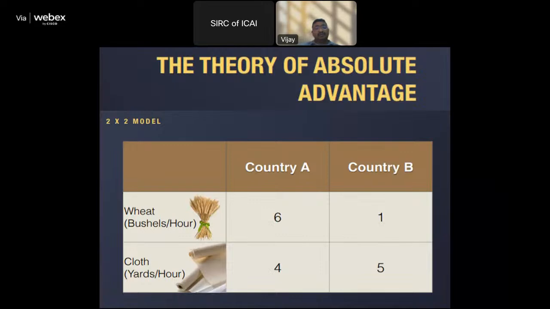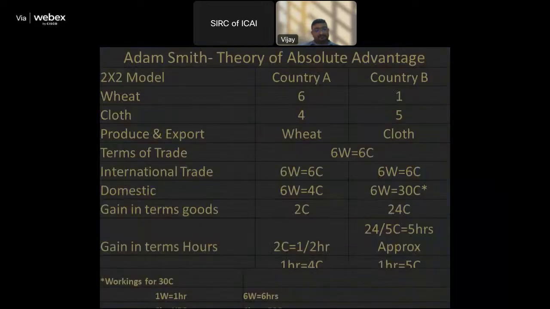Country A will produce 6 wheat per hour and export wheat to country B. Country B will produce cloth for their nation and also export it to country A. Now 6, 1, 4, 5: country A will produce wheat and country B will produce cloth because they have the advantage in that good. Now, terms of trade.